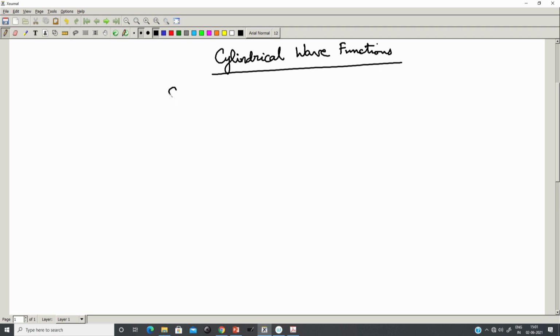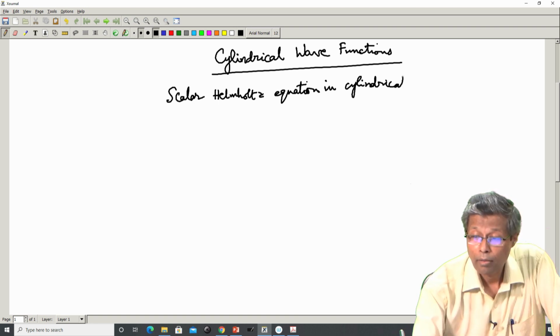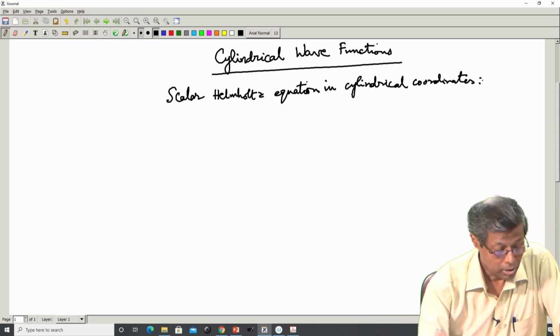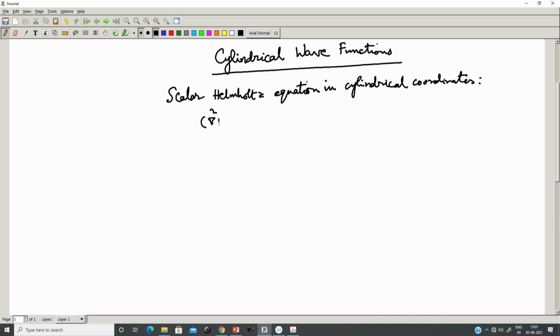So, the scalar Helmholtz equation in the cylindrical coordinates reads as follows: grad square plus k square psi equal to 0.